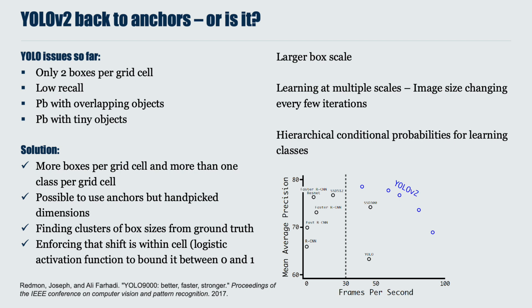So every few iterations, they were downsizing or zooming in on the image in order to present it in a different manner and see objects at different scales. And in order to further improve the final classification, they put together hierarchical conditional probabilities for learning classes, meaning that they had a tree of the different categories.